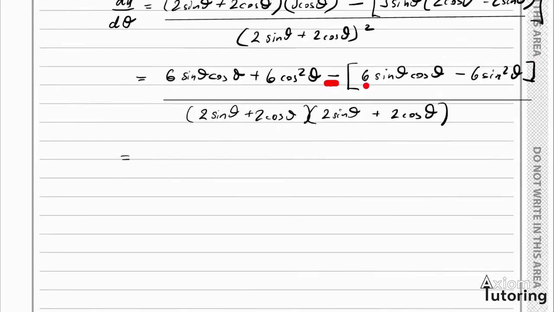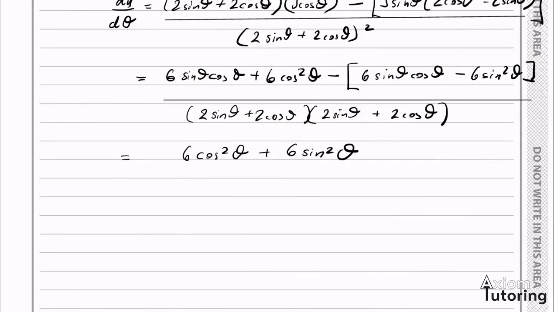So in fact, these two terms end up cancelling, which is quite lucky. So we get 6 cos squared theta. And then the next term I get from this is minus 6 sine squared theta. So minus of a minus, that's positive. So I get positive 6 sine squared theta.